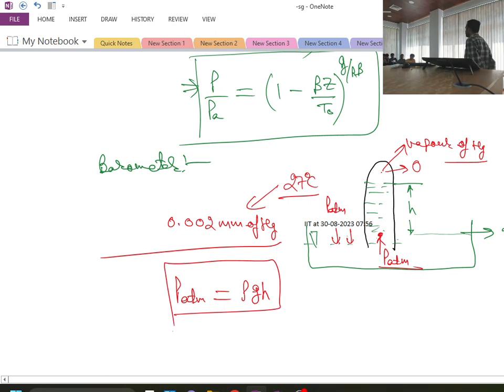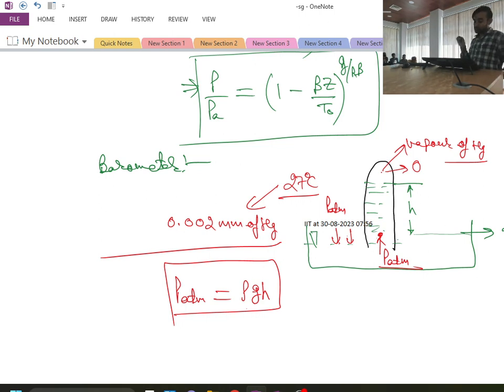Is this one clear? This equation is on a per unit area basis, because if you write the force, then you write P atm into area, and rho A h is the mass, into g. So A will cancel. This is how we can measure the atmospheric pressure using a very simple device, and this particular device is called a barometer.